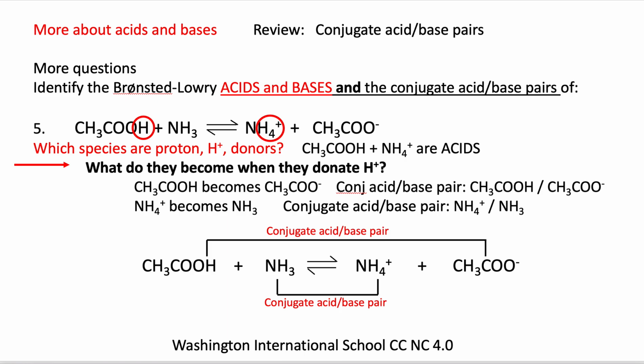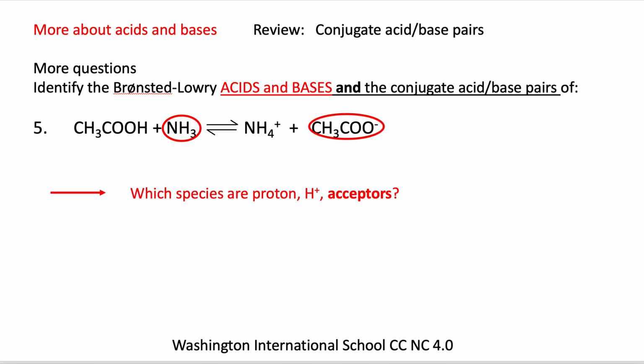And if you look at the equation with the square brackets, you'll see that you've got 2 conjugate acid-base pairs, ethanoic acid and the ethanoate ion, and ammonia and the ammonium ion. And which are the proton acceptors? We've looked at proton donors, so the other 2 species are proton acceptors, so they're going to be the Brønsted-Lowry bases.